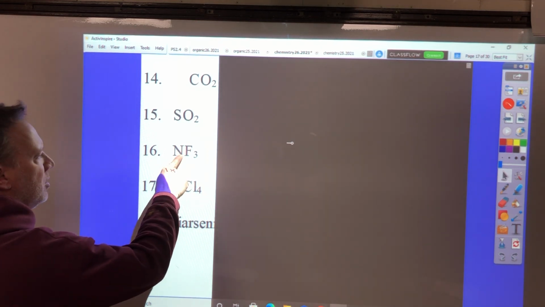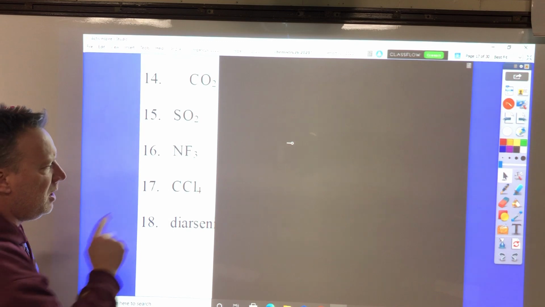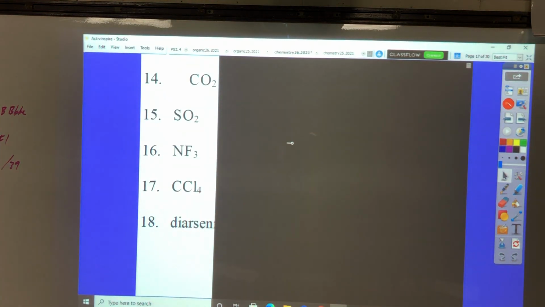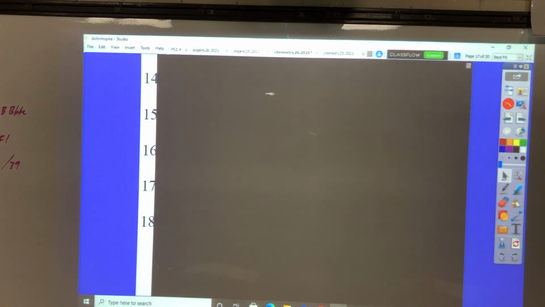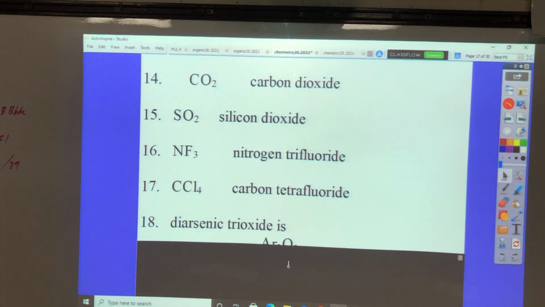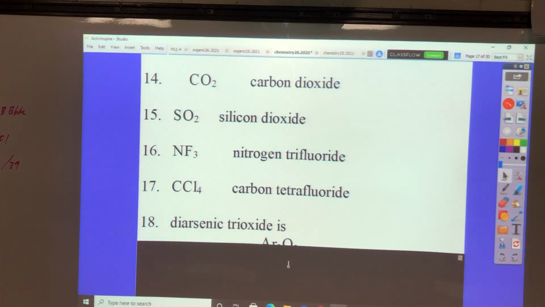NF3, nitrogen trifluoride. CCl4, ask me about it when you come in here. I'll let you have a sniff of this. I've got some carbon tetrachloride. Okay. And diarsenic trioxide is 2 arsenics and 3 oxygen.